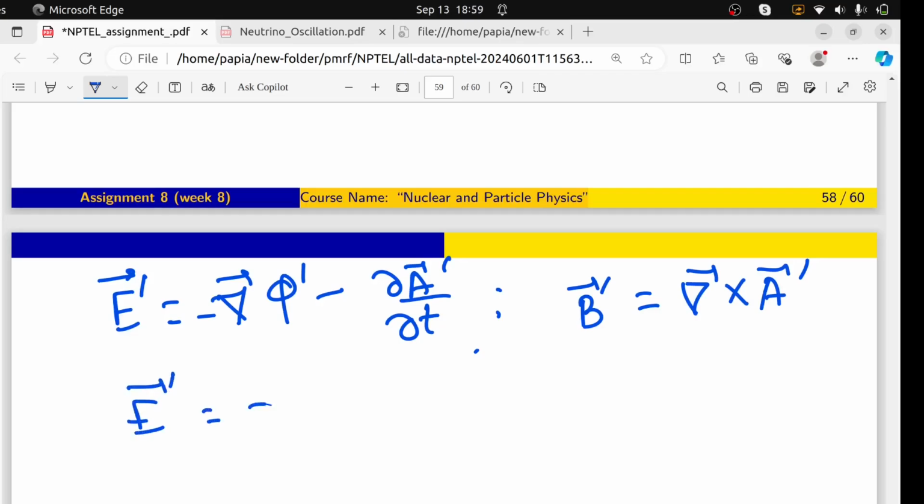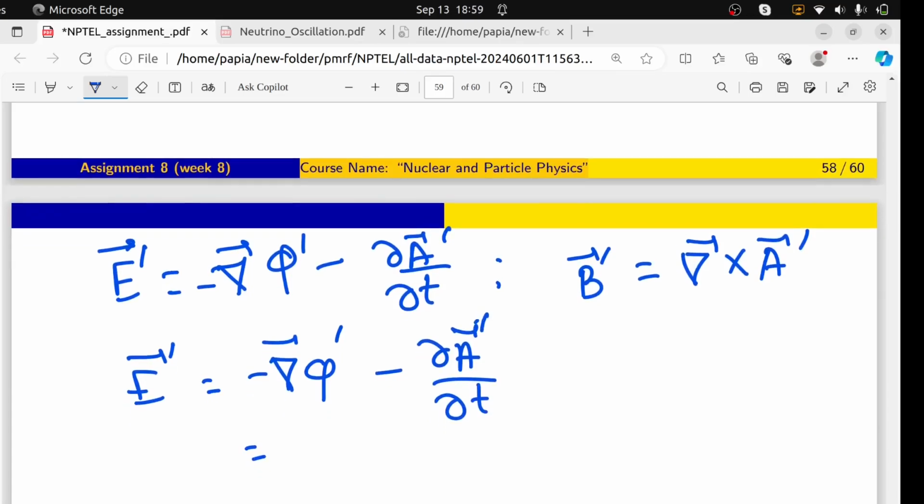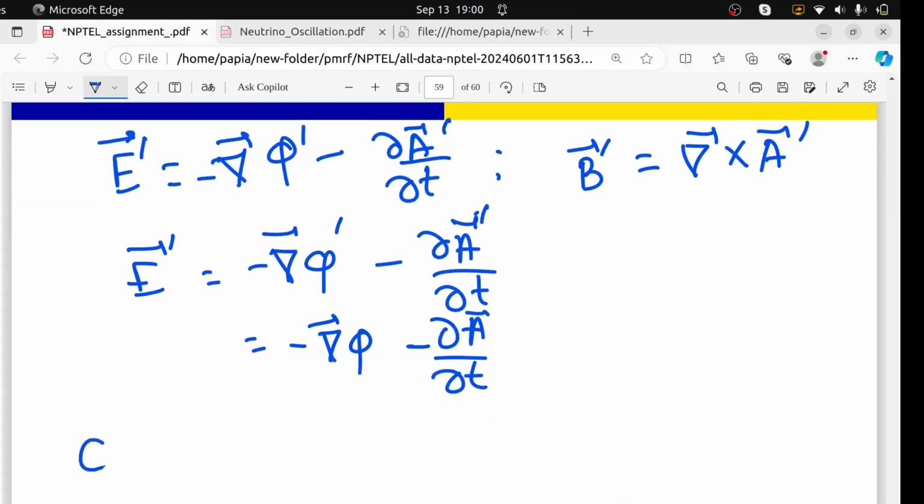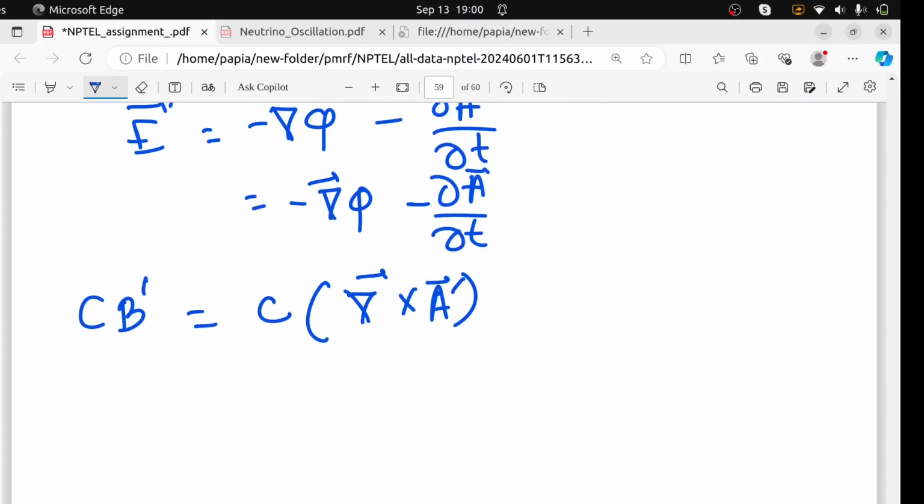So this can again be written as minus grad lambda minus del A del t, because we have checked that E prime equals E. Now coming to B prime, C B prime means C into curl of A prime. Now curl of A prime.